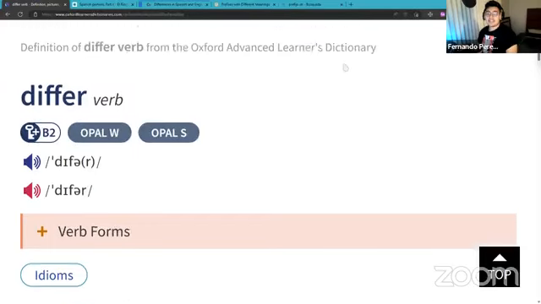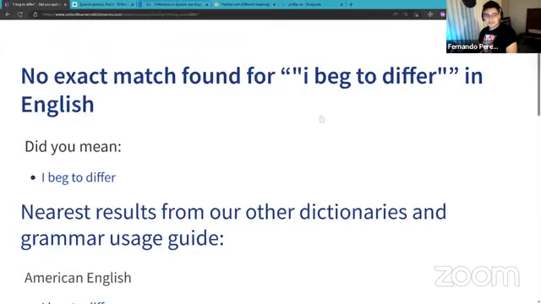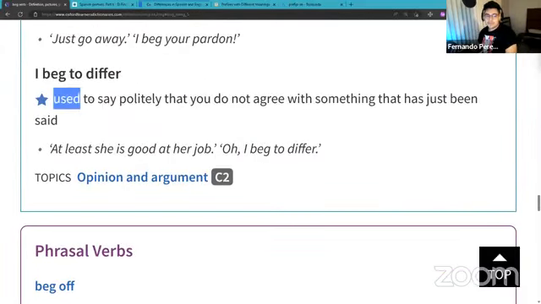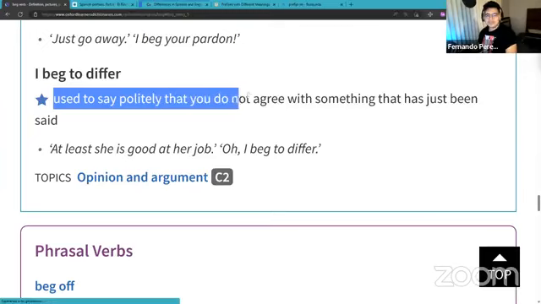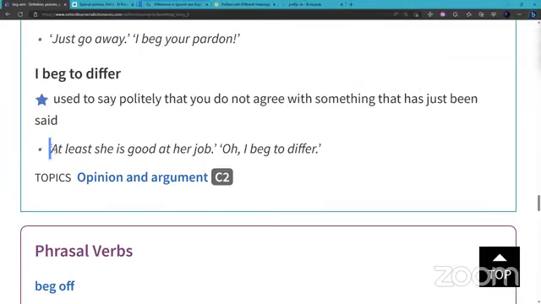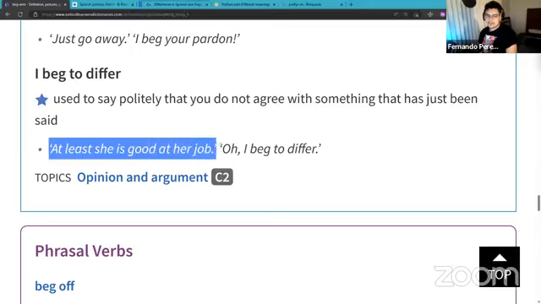There is an expression in English: I beg to differ. It means used to say politely that you do not agree with something. For example, at least she's good at her job.